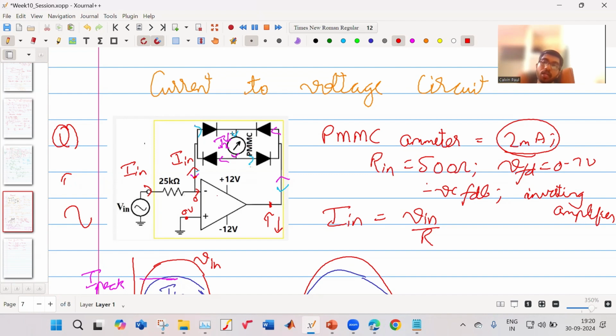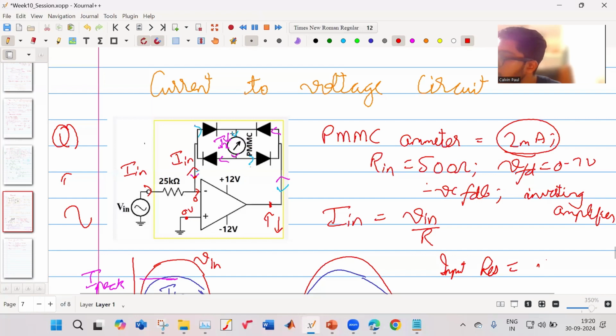What is the formula for input resistance? V in by I in. So your input resistance is equal to V in by I in, and that is equal to what?